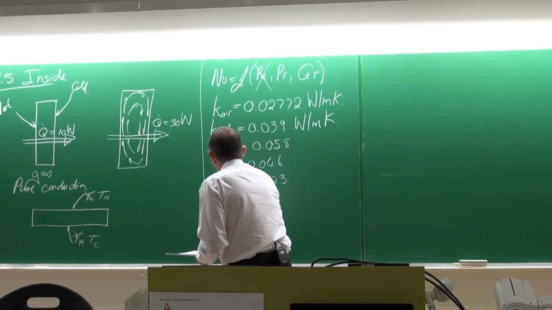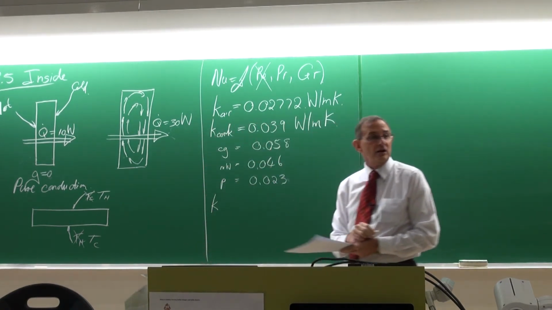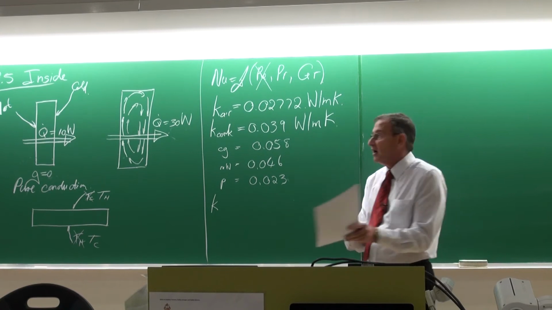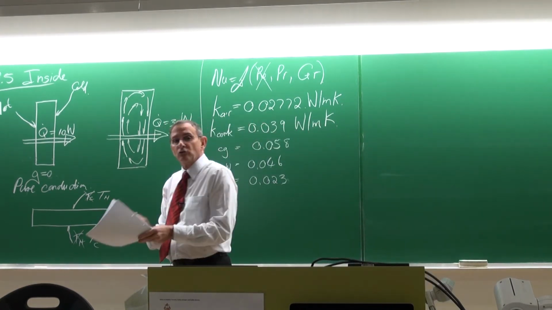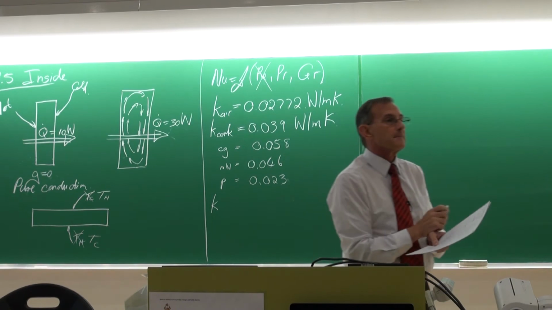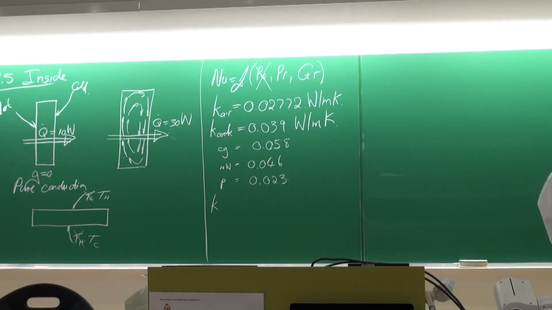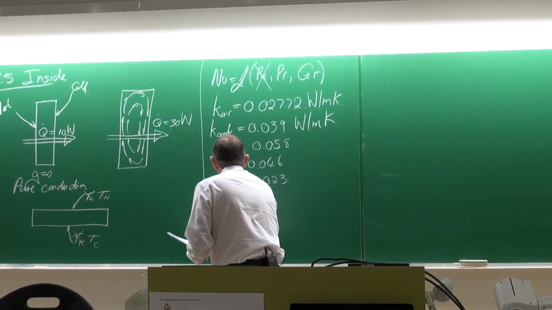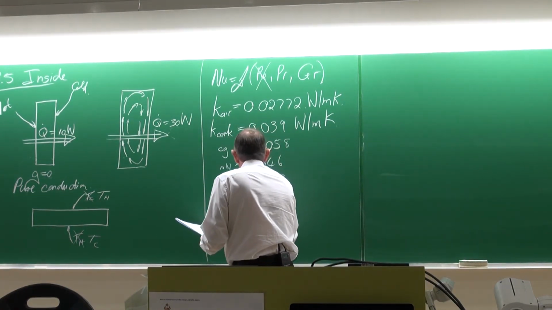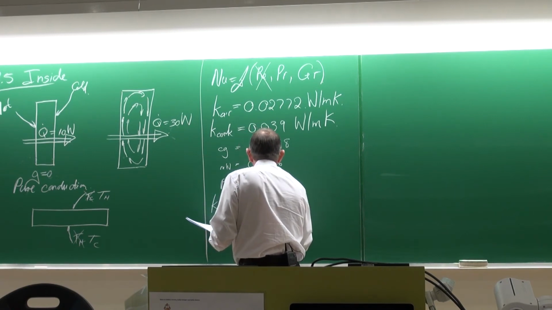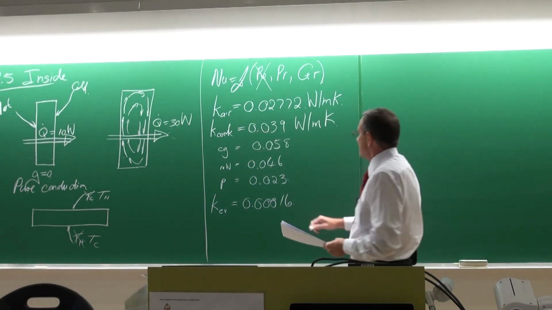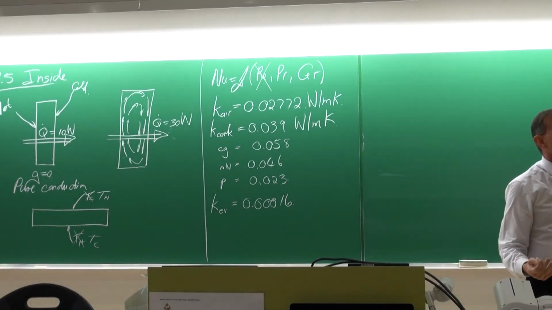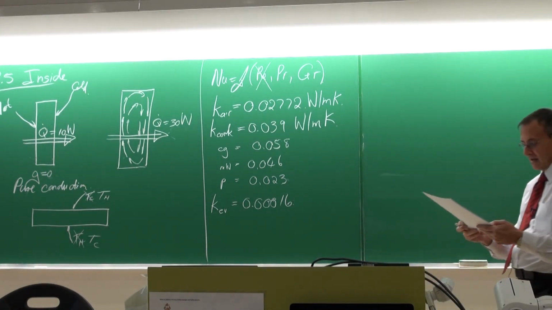However, if you really want to get low values of K, you need to evacuate the air out of that cavity. So just to give you an idea, when you start evacuating it, then the thermal conductivity would drop to 0.00016. So there, for the first time, you've got a material with a K value lower than that of air.